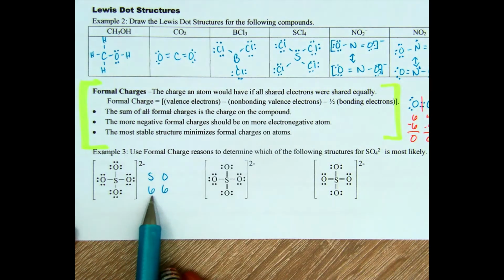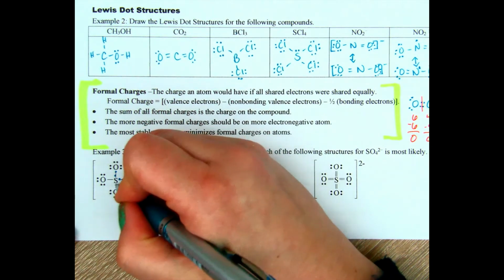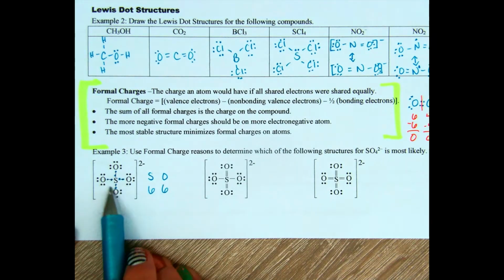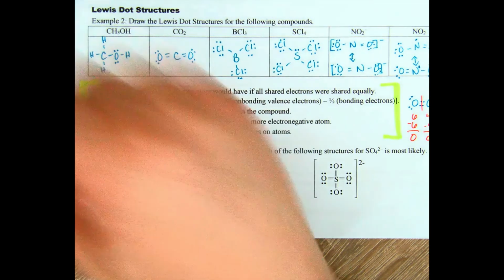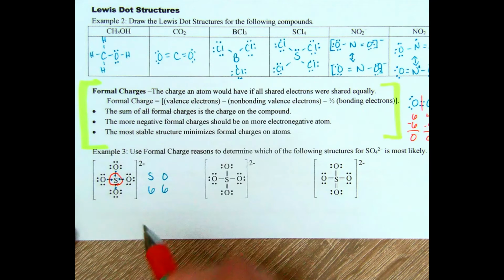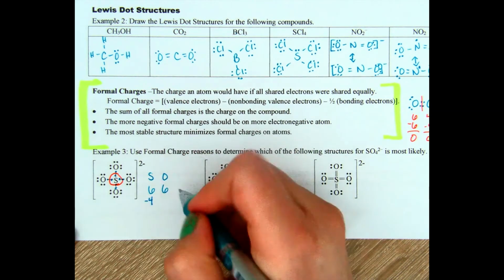Now, how many are there around sulfur in this particular structure? Remember, each bond has 2 electrons, like this. And if I just count half those bonding electrons, or just the ones that are immediately around the sulfur, we can see we have 1, 2, 3, 4 electrons there. So sulfur, 6 minus 4.